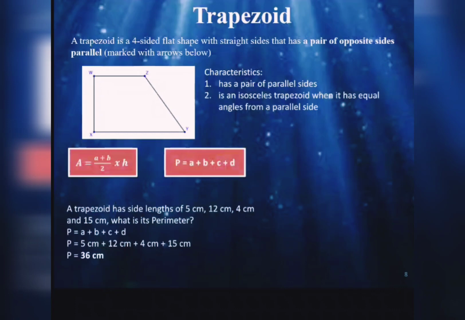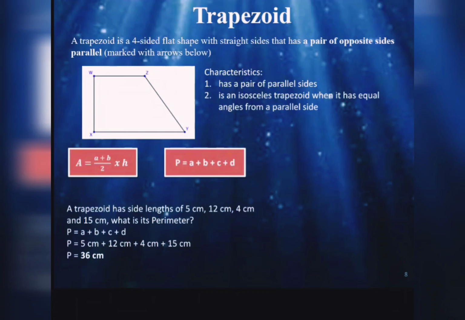And the last type is trapezoid. A trapezoid is a 4-sided flat shape with straight sides that has a pair of opposite sides parallel. The characteristics of a trapezoid are: first, it has a pair of parallel sides. Second, it is an isosceles trapezoid when it has equal angles from a parallel side.